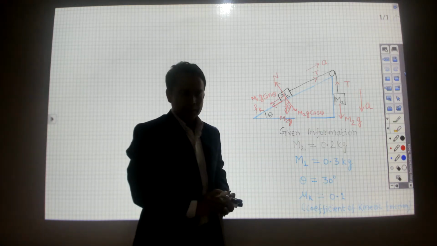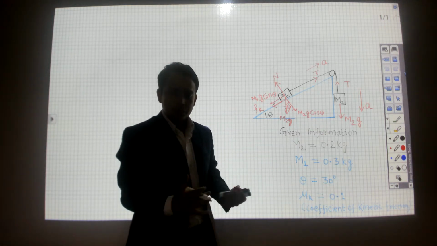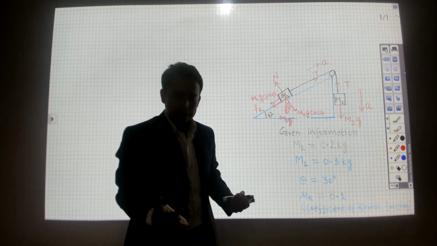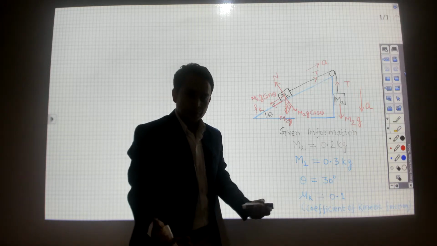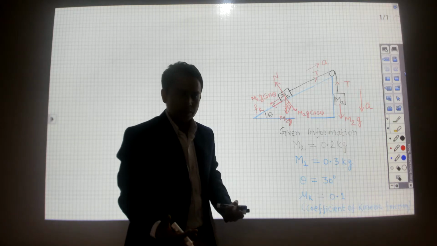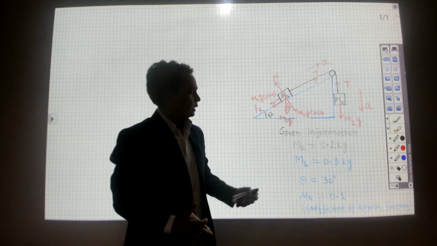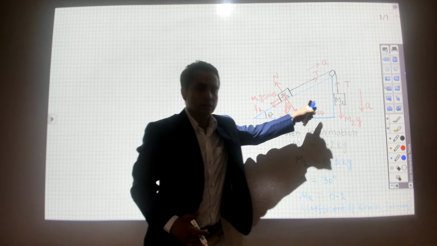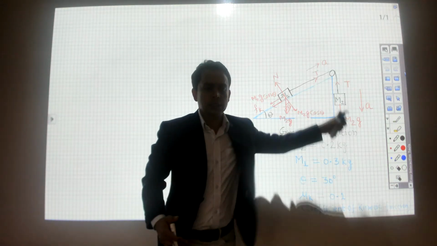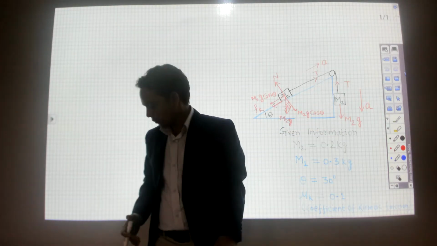Okay. So now the question is how we solve the problem. The second part is writing the equations of motion using Newton's second law of motion. Let's write down Newton's second law of motion for this object. We call this object 2.